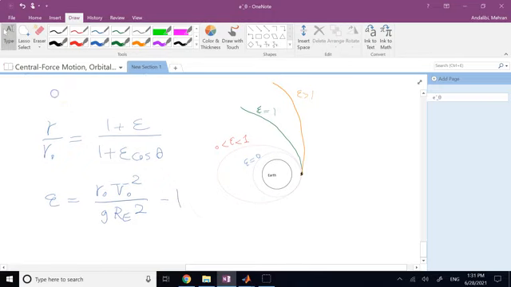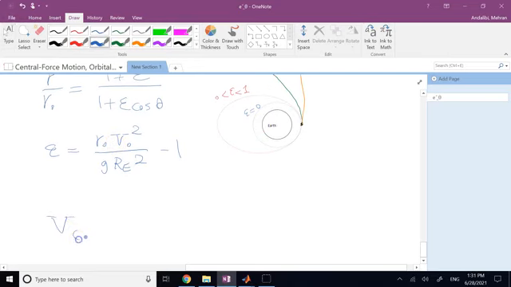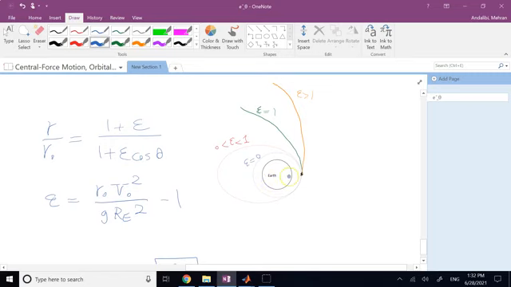So this is the summary of this orbital mechanics. And we learned for what velocity we can make the satellite go around a circle. Correct? That was, if you remember, v of the circular orbit was equal to R E times square root of G over R naught. If you make it like that, then you have circular.